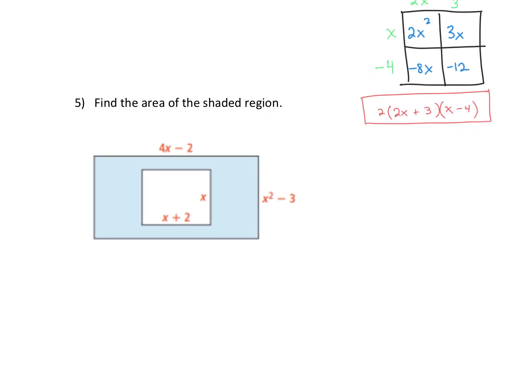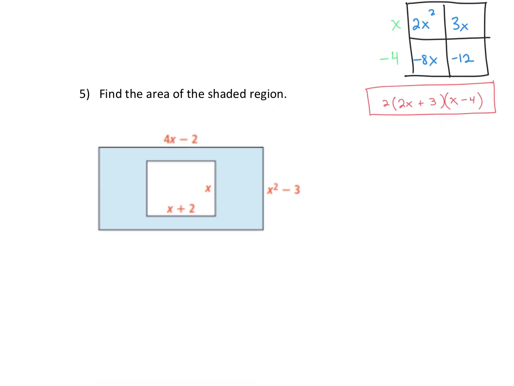All right, last question. Find the area of the shaded region. All right, so the shaded region is a random shape. I don't have an area formula for this shaded region, but I can see that I have a big rectangle and a small rectangle.